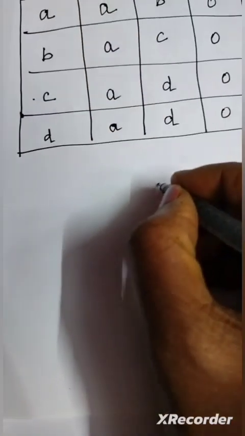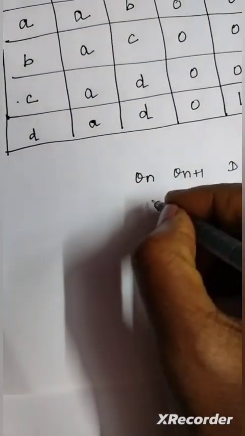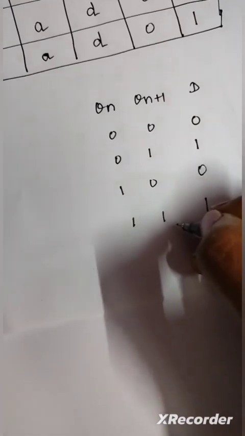Already you know the excitation table for the D flip-flop. This is QN, QN plus 1 and D. 0, 0, then 0, 1 and 1, 0 and 1, 1. If your D is 0, your next state is 0. If D is 1, next state is 1. If D is 0, next state is 0. If D is 1, your next state is 1.